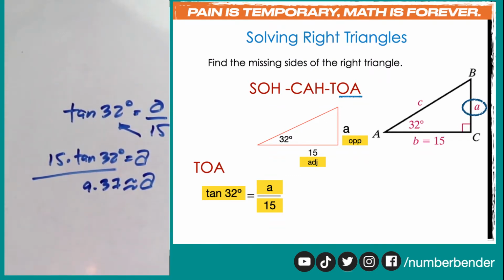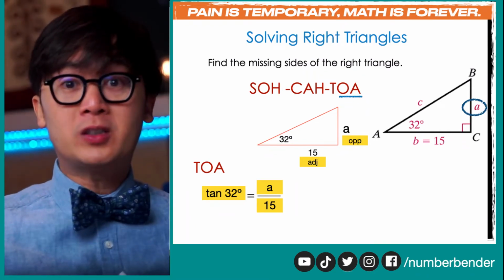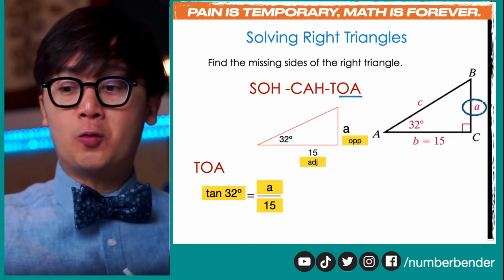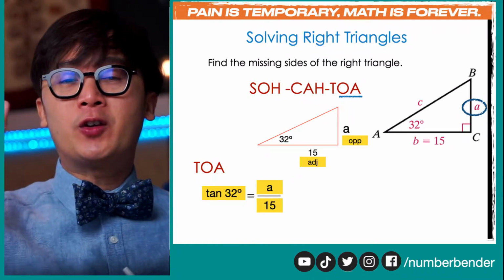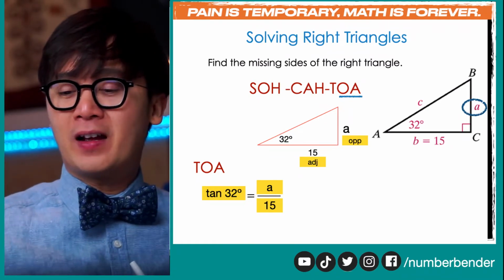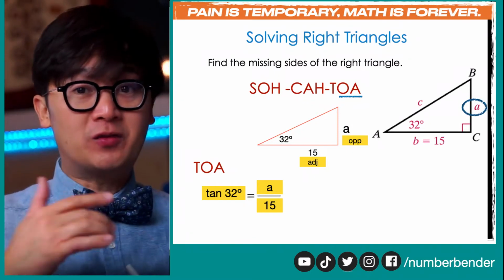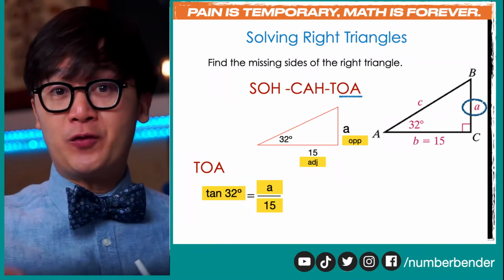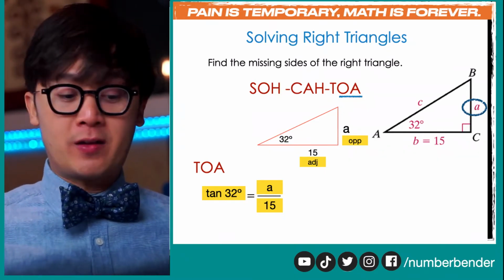In some calculators, there are different ways to input your values. Sometimes you need to multiply tangent 32 degrees with 15 first, and sometimes you need to find the value of tangent 32, push enter, and then multiply it by 15. So make sure that you know how to use your technology, because different technology has a different way of producing the answer that we are looking for.